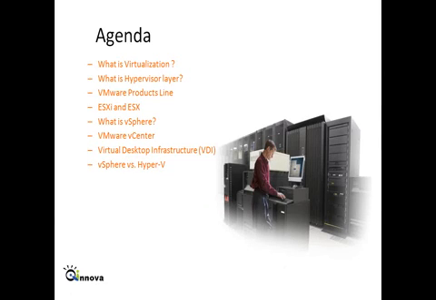Virtualization is a technique that helps us convert the physical machine into a set of files, which gives us a lot of benefits: the cost we can save, the infrastructure, the power consumption, the management, the space, all of it is saved.